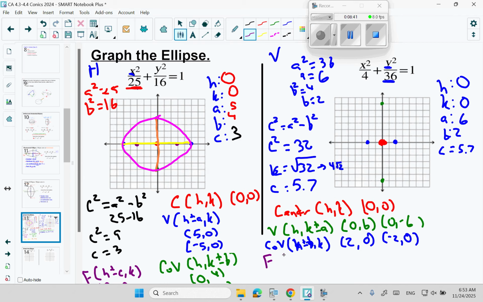My foci are going to be h, comma, k plus and minus c. So we're going to get 0 for my h values. 0 minus 5.7, so negative 5.7. 0 plus 5.7, so positive 5.7.